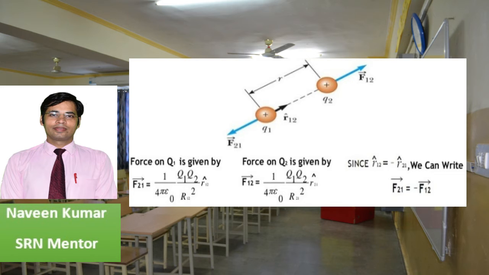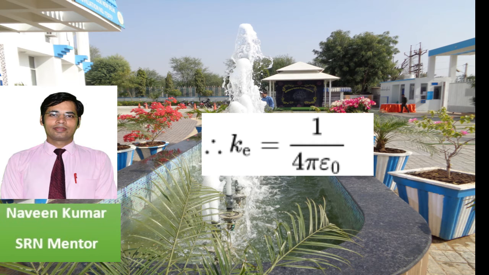So the equation will become K Q1 Q2 divided by r cube multiplied with the r vector, where this K equals 1 upon 4 pi epsilon naught. This is the proportionality constant, where epsilon naught is the permittivity of the free space.